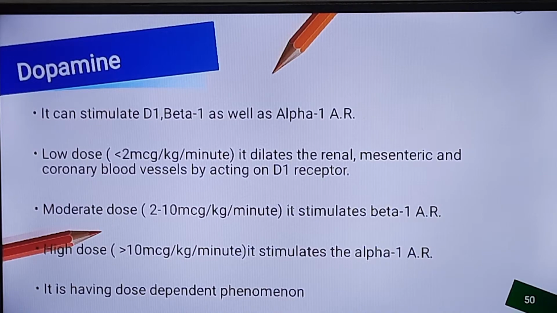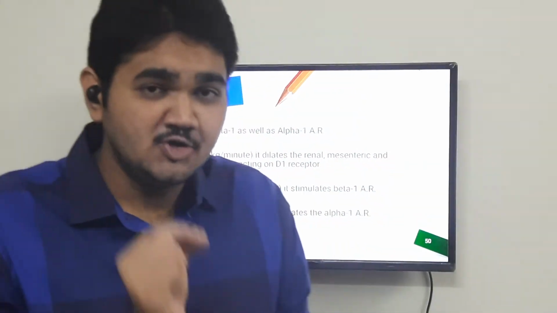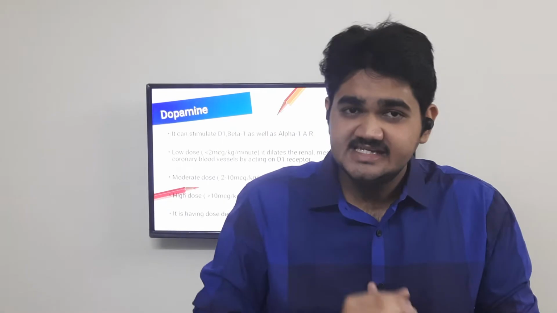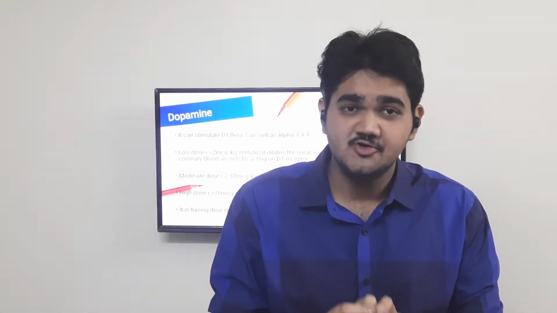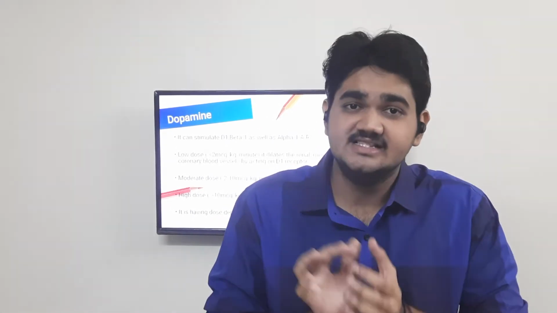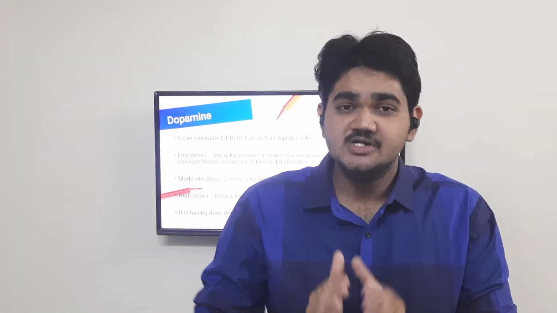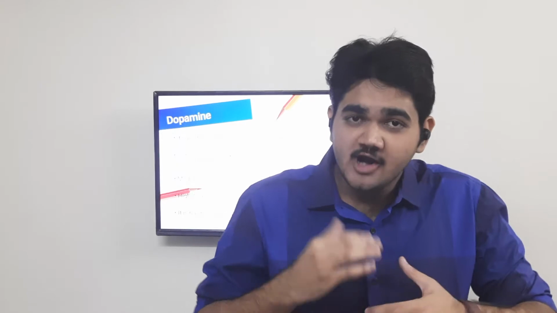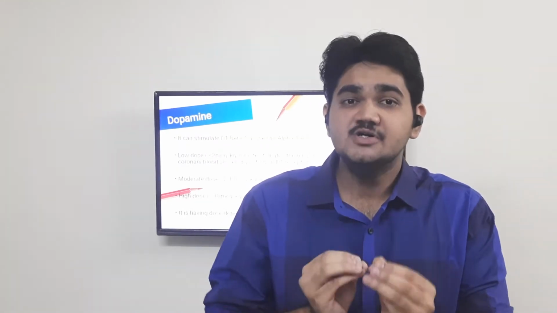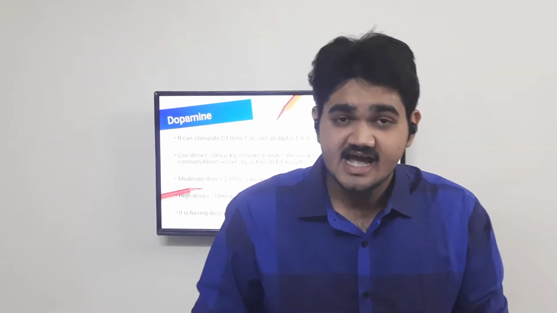Now wait, ये जो डोपामिन है ये सारे के सारे रिसेप्टर को स्टिम्युलेट तो कर सकता है, but this stimulation is dose dependent. Now what do I mean by dose dependent phenomenon? Let us see.